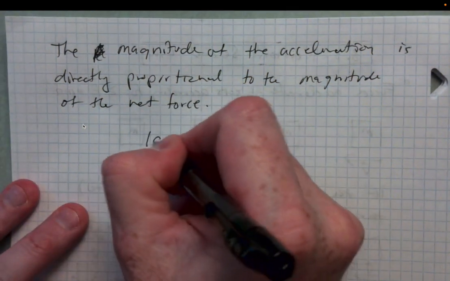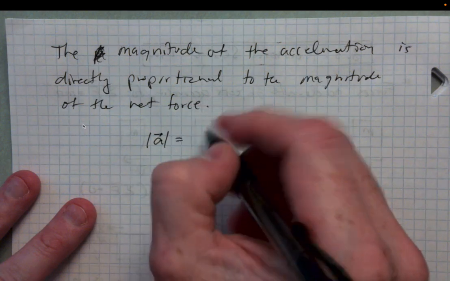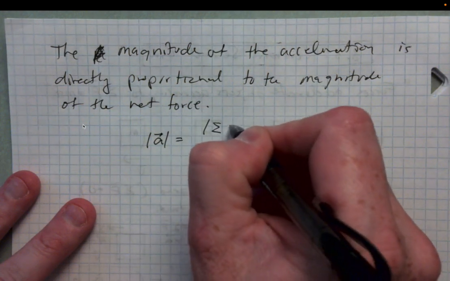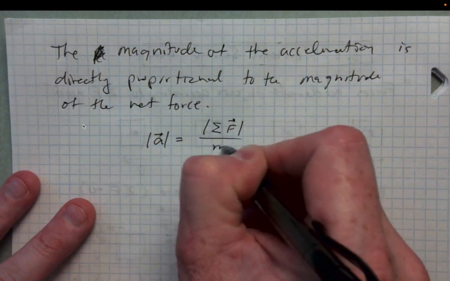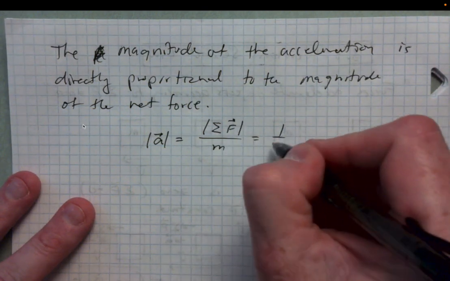So we say that, and you can see this in the equation, the magnitude of the acceleration is equal to the magnitude of the net force divided by the mass, which you can think of as multiplying by the reciprocal of the mass.